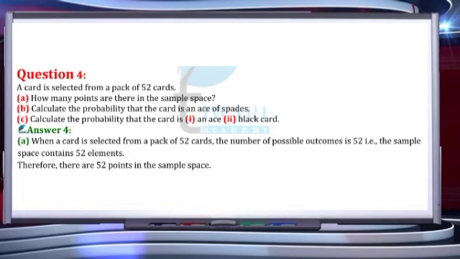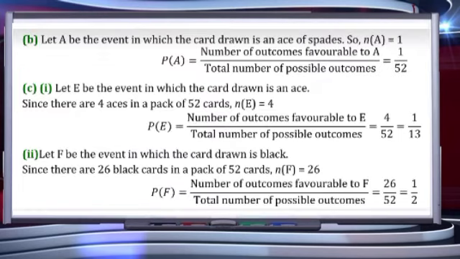Students, for the very first case, we know that the total number of different cards in a pack is 52. Therefore, there will be 52 points in the sample space. Now next, the B part is for the ace of spade.